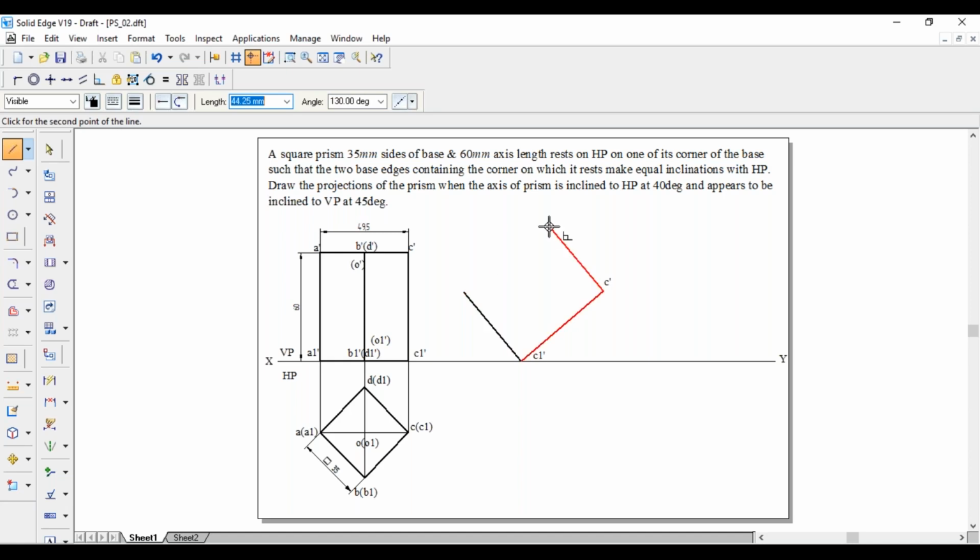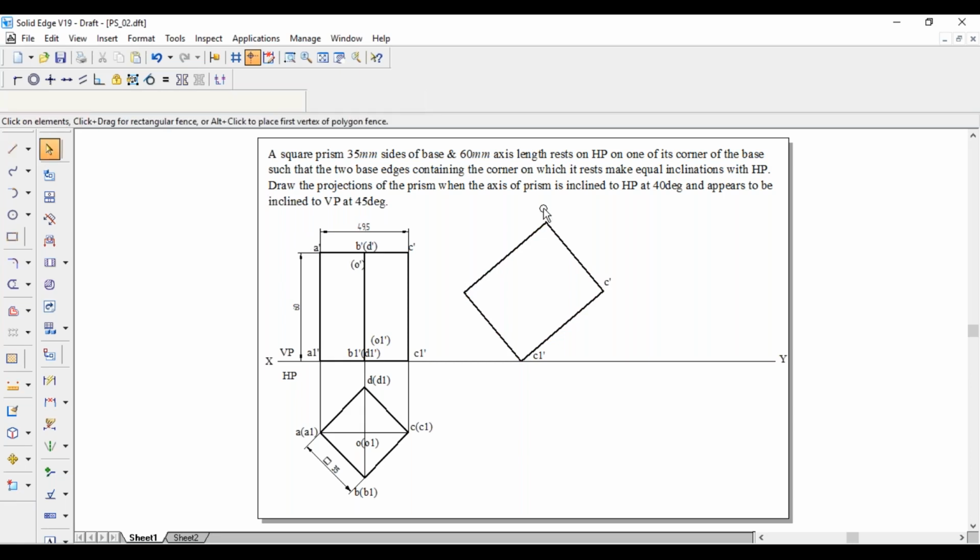Join these two points. This is A dash. This one is A1 dash. To get this one, this is the midpoint. So from midpoint to midpoint.